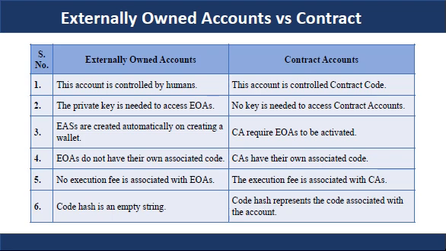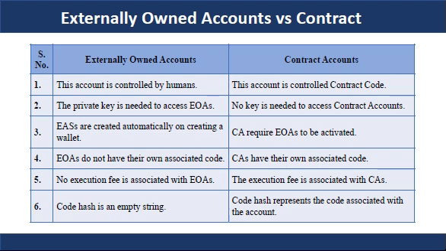Then the private key is needed to access the externally owned account, whereas to access the contract account no key is needed. Then these externally owned accounts are created automatically on creating a wallet. So suppose one person has created n number of wallets and n number of accounts, then every time an externally owned account would be created, whereas contract accounts require externally owned accounts to be activated.